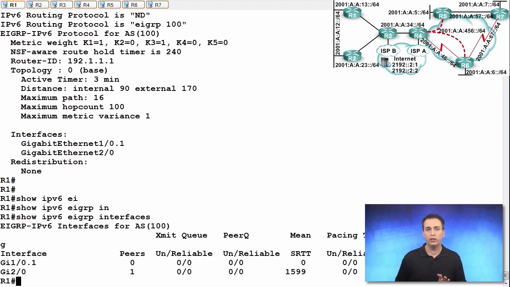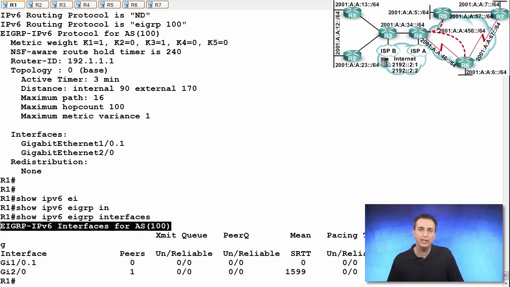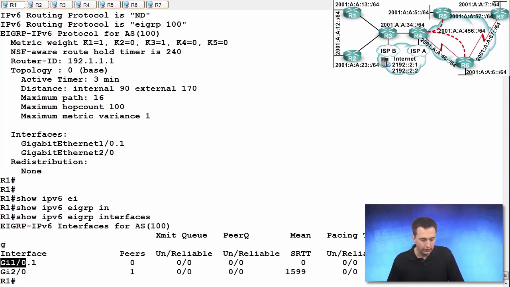So this is going to show us the interfaces that are participating in the EIGRP process. And in this case, it's the Autonomous System 100 EIGRP process for IPv6. Interface Gigabit 1/0.1 and Gigabit 2/0 are both participating in this EIGRP autonomous system.